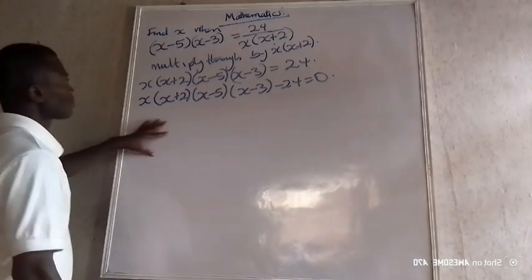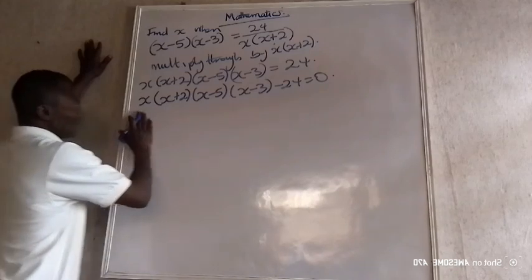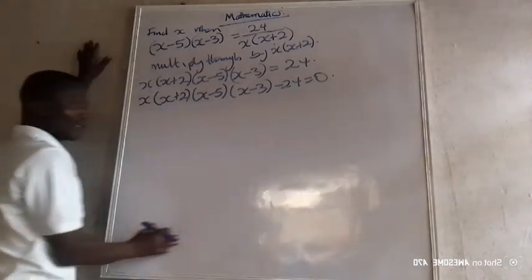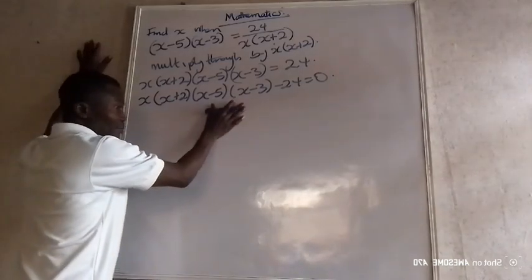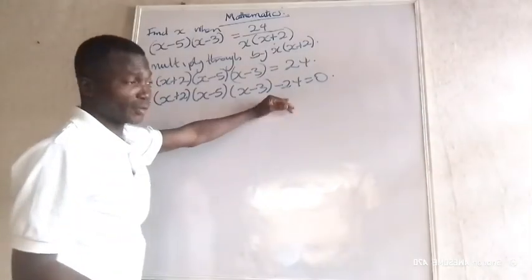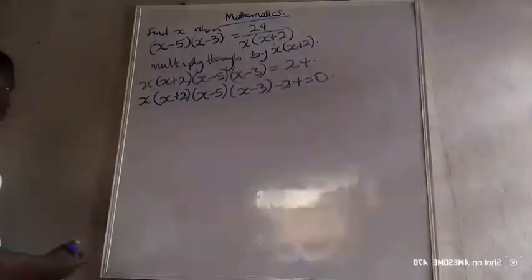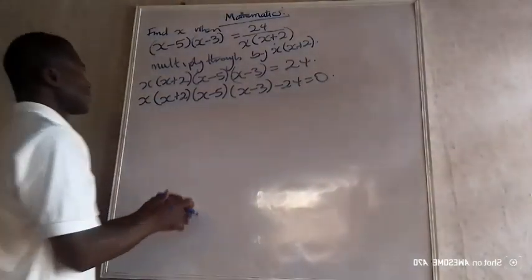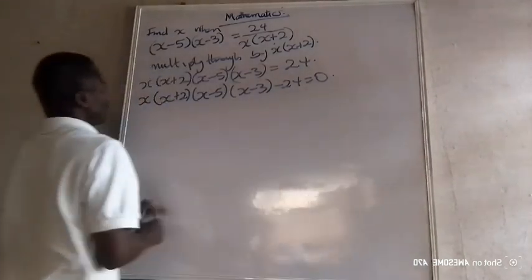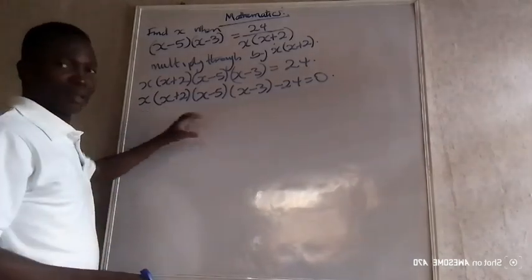Now, by the time I multiply all the factors of this, the constant will give me minus 24. Which means everything here, minus 24, will give me 0. Now, let's put in values of x.